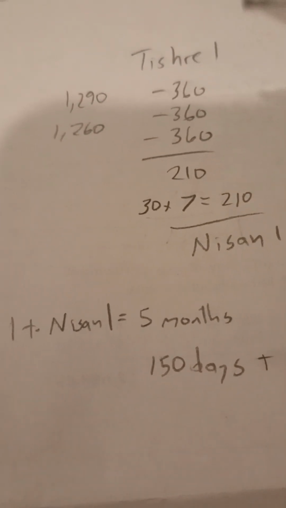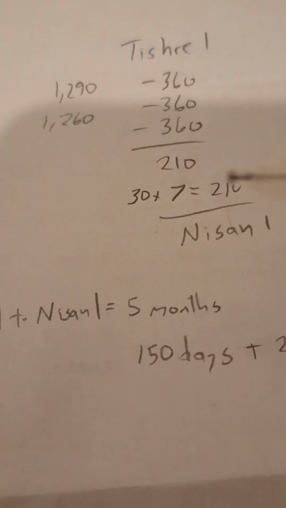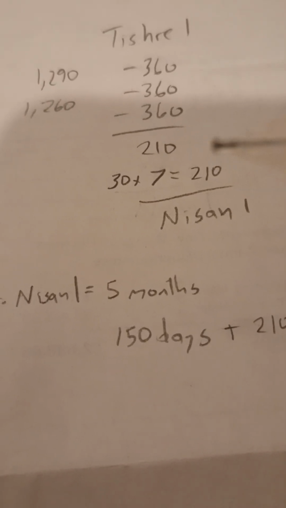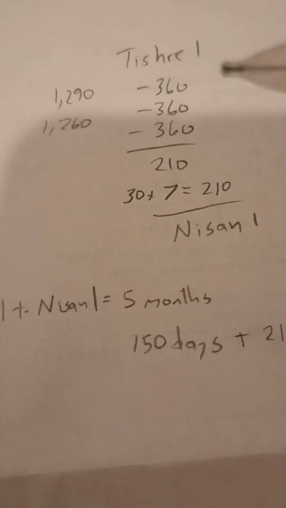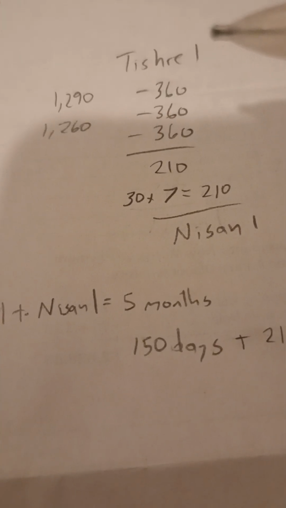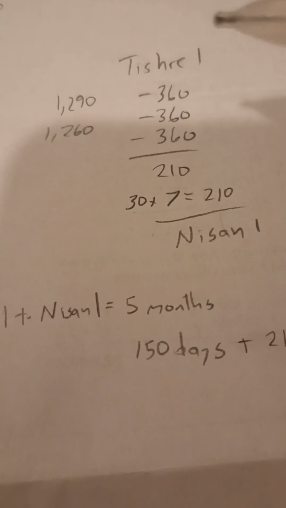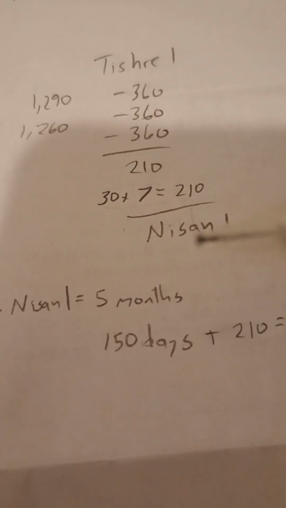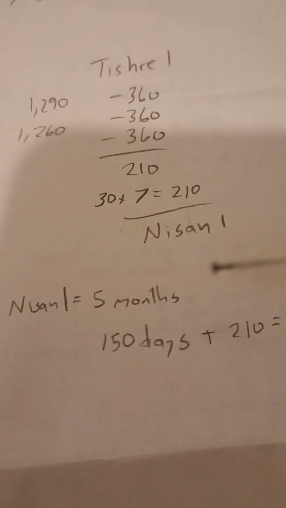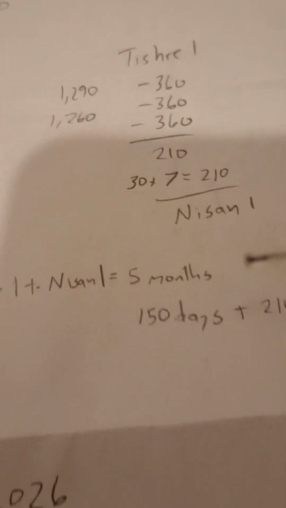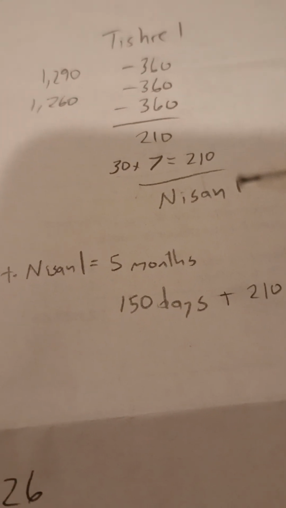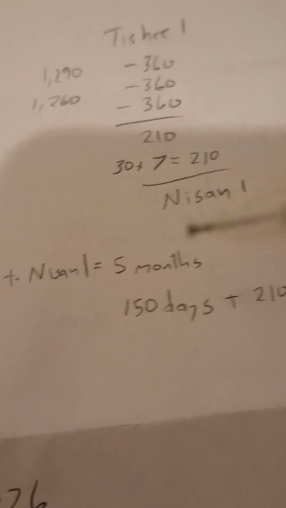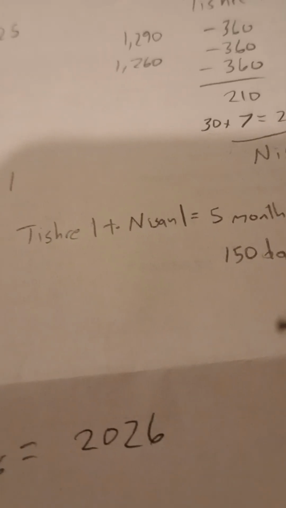So you have this 210, that was from the end of Tishri to Nisan 1. You need 360, so you're missing 150. So where's this other 150?